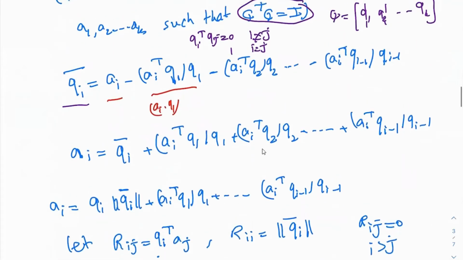Now, I'm going to do some simple manipulation. I'm going to bring Qi bar to the left side and everything else to the right side. So I'm going to end up with this. All I'm doing in this step is to bring Ai here and the Qi bar here.